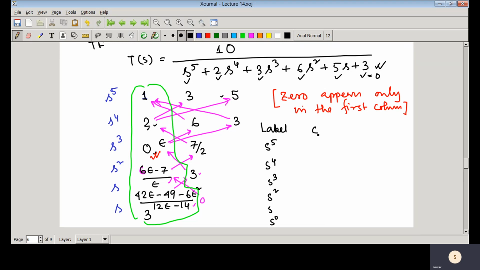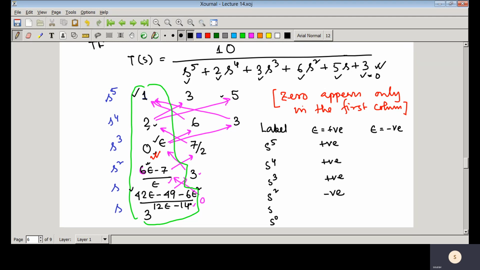Epsilon is a small positive number, and we can also take epsilon negative. Whenever epsilon is positive, the first entry is positive 1, then s^4 is again positive, and here, since epsilon is very small, this term would be negative.